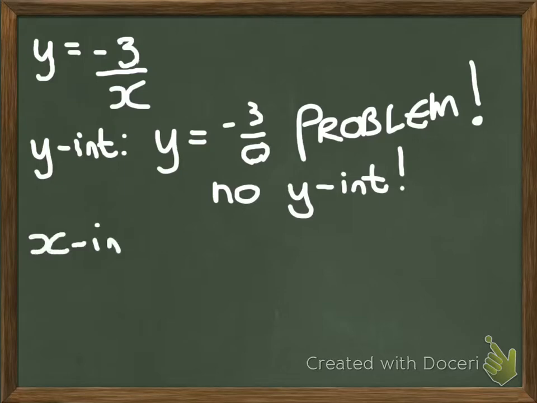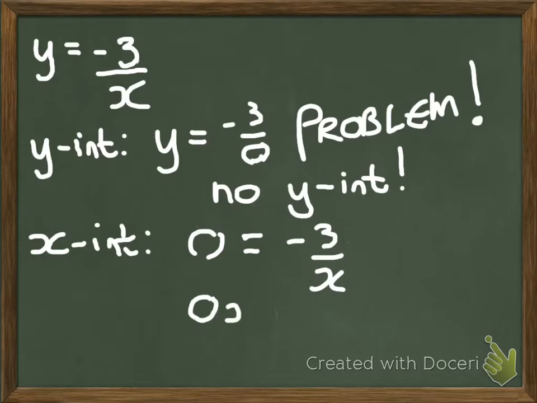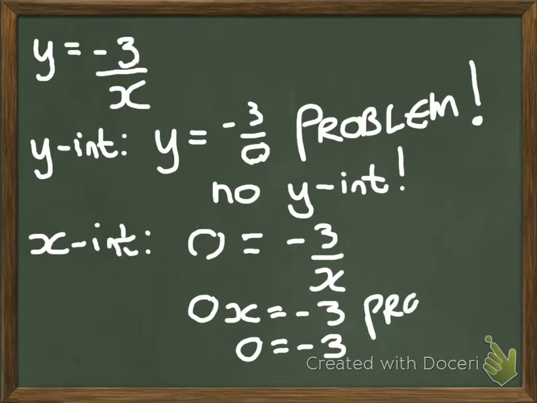Now, in a similar way, we need to find the x-intercept. So we're going to make y naught. So we're going 0 equals minus 3 over x. Now, what we normally do here, to get rid of the divide by x, you times the other side by x. So we're going to get 0 times x equals minus 3. So 0 equals minus 3. Now, I don't know about you, but that clearly is yet another problem, because that's not possible.